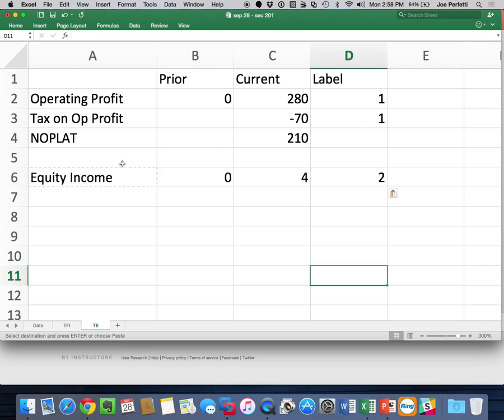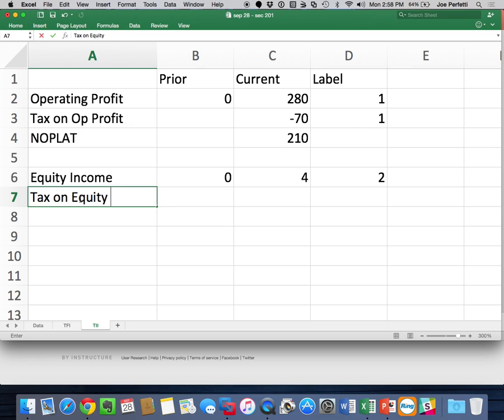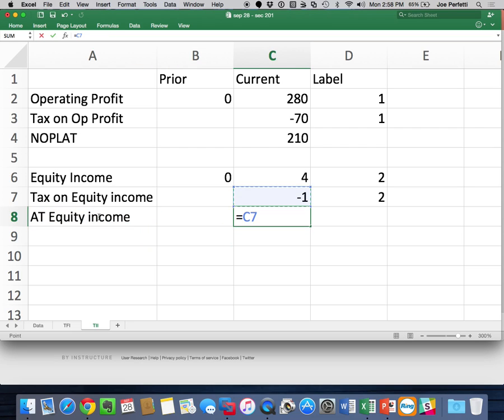So I am going to have to pay tax on equity income at a rate of 25%. So my taxes are the $4 million times the 0.25. I'll pay $1 million in taxes. So my after-tax equity income is 3.